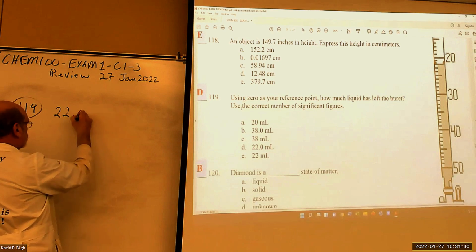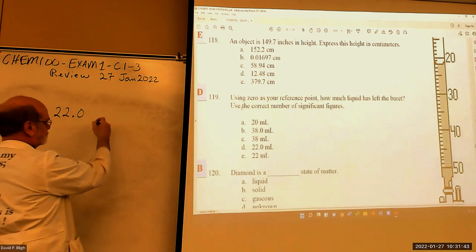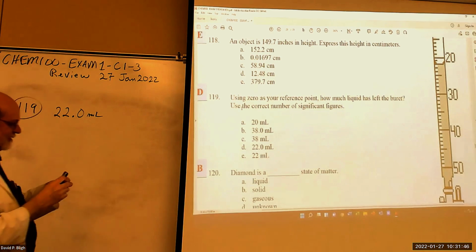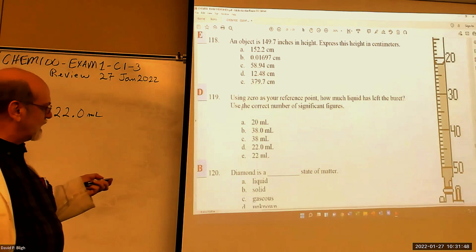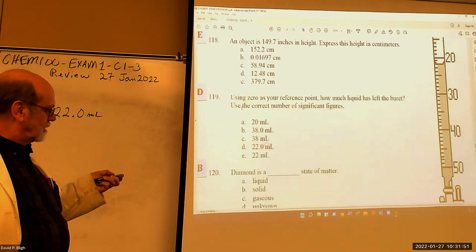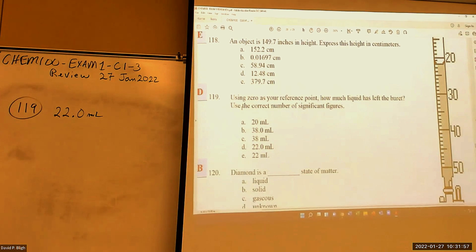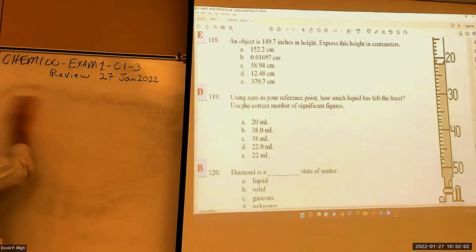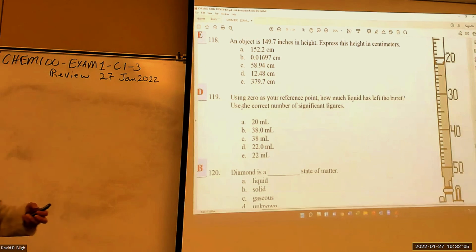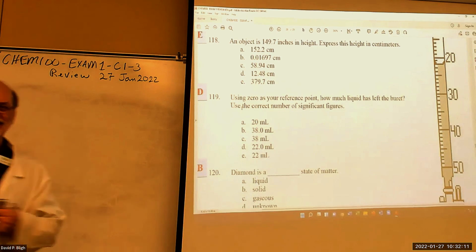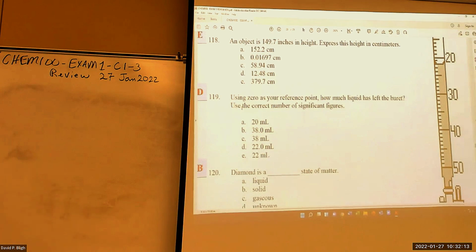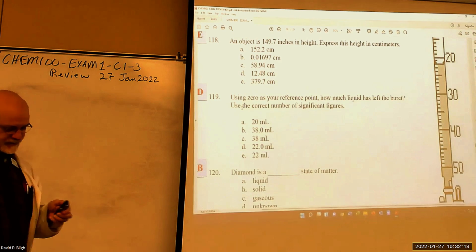So we can estimate the last one. Okay? 22.0 milliliters. Because the last one is uncertain. We're estimating it. Take general chemistry lab if you use those things. Unless you either don't need it or are indifferent to it.